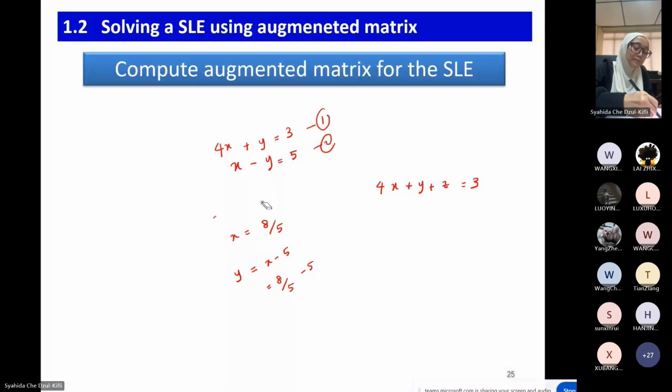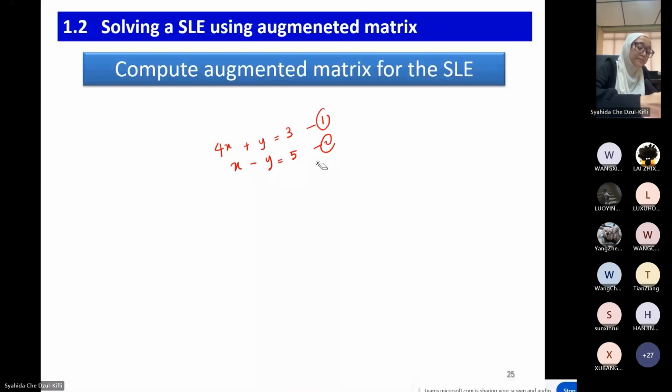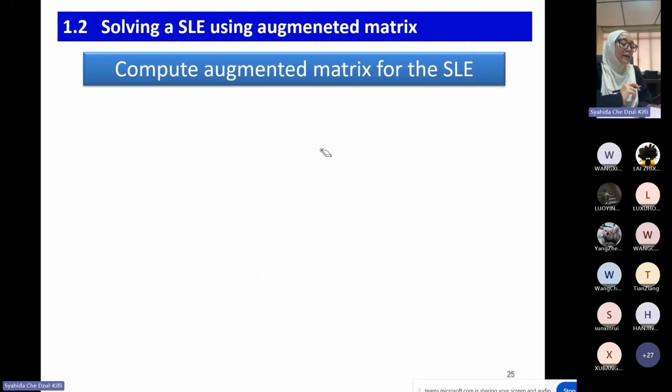So let us see how to solve more complicated systems of linear equations by using a matrix which is called an augmented matrix. The first method is solving a system of linear equations by using an augmented matrix, a matrix that represents the system of linear equations.